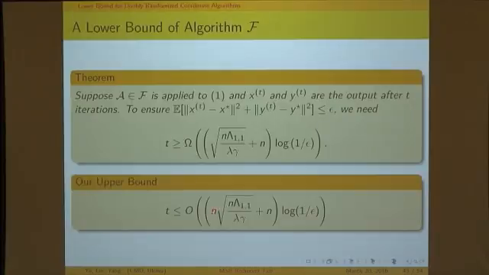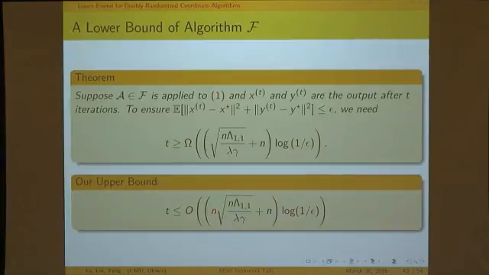Okay, so compare with our upper bound. Unfortunately, we show that our bound is not tight by an n factor. If n is small, then it would be almost the same. But if n is large, the gap is still large.